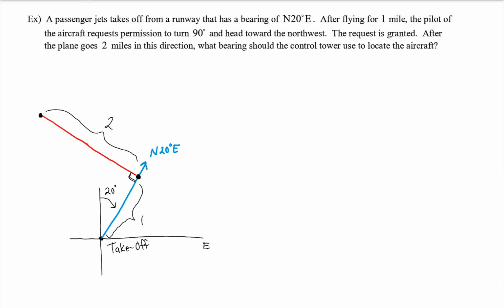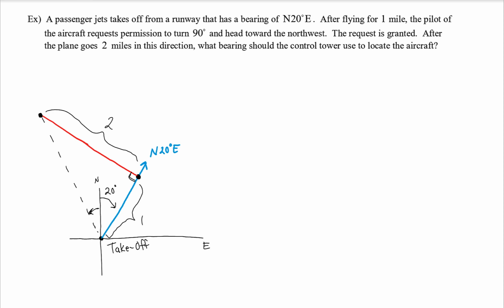What bearing should the control tower use to locate the aircraft? So in other words, what if something happened and they needed to locate that aircraft? So here's where the aircraft is now, and the control tower would need to locate it. So we're going to need this angle right here, starting from north, right?